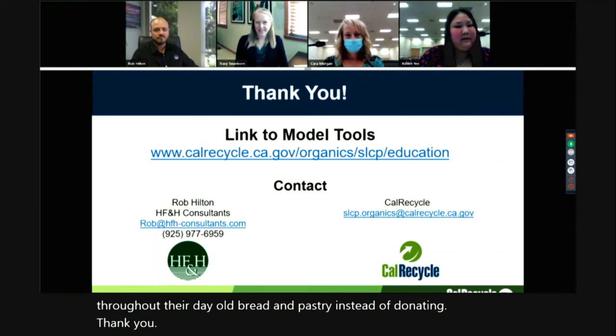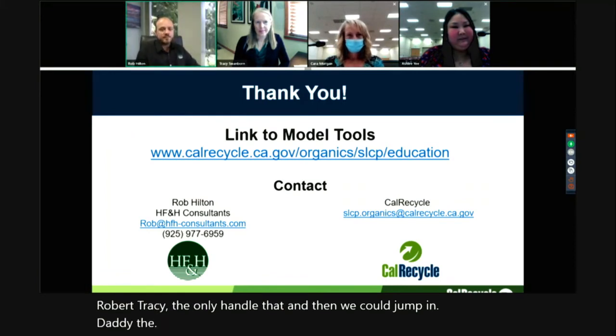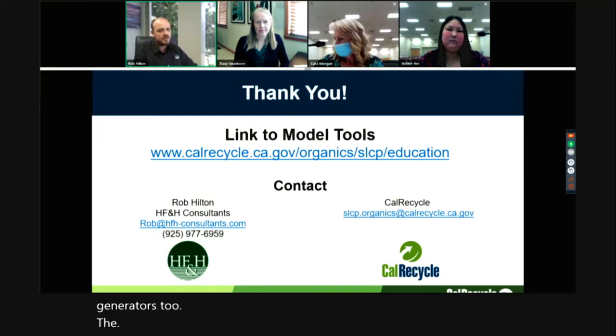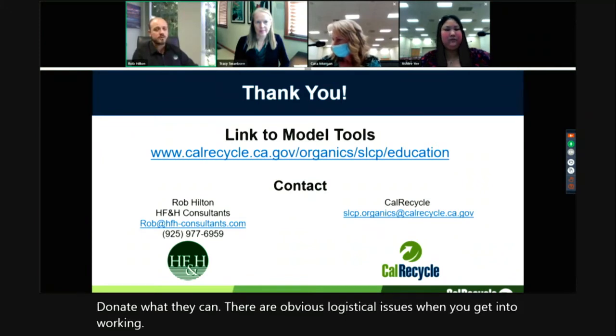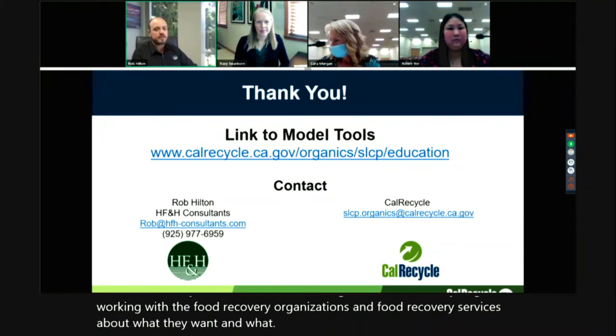Robert Tracy, do you want to handle that, and then we could jump in? Yeah, the model ordinance provides for requirements for those covered generators to donate what they can. There are obvious logistical issues when you get into working with the food recovery organizations and food recovery services about what they want and how much of certain things they can take.